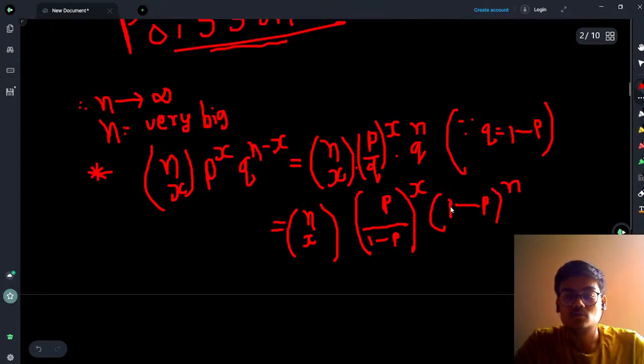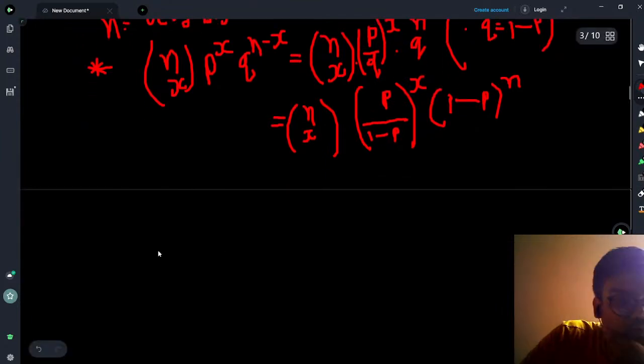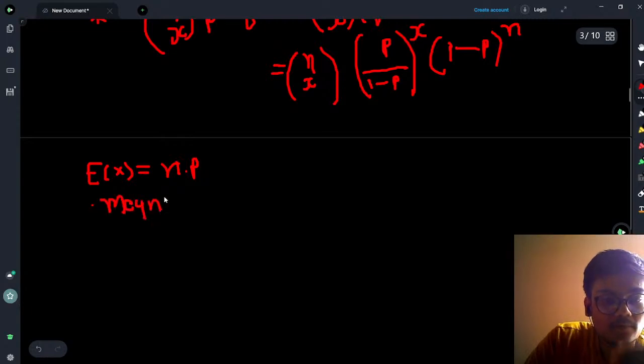Now what's the next step? We know that in binomial the expectation is n into p, so we can write it as the mean, or lambda: mean m equal to n into p.